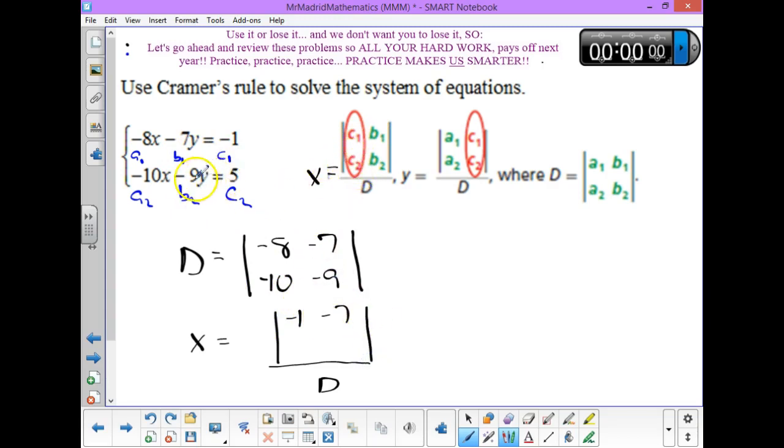It needs a C2, which is a 5, and a B2, which is a negative 9. Let me just check that: C1, B1, C2, B2. Same thing with this one. You would hit that in the calculator, you get some real number like we've seen in class, and you put it over the number you got up here, and that will be x.